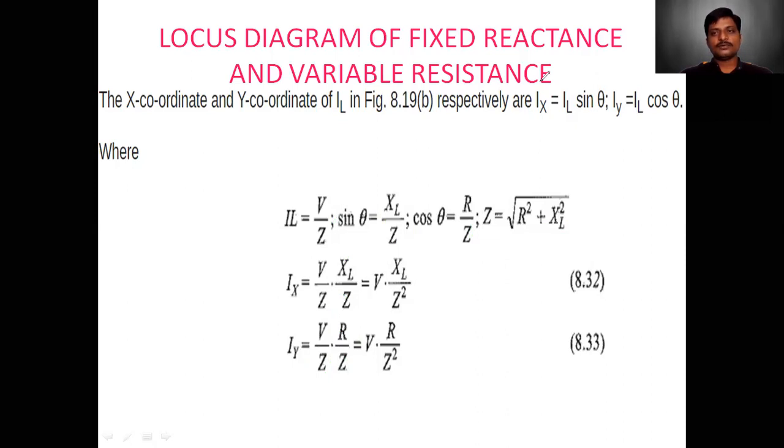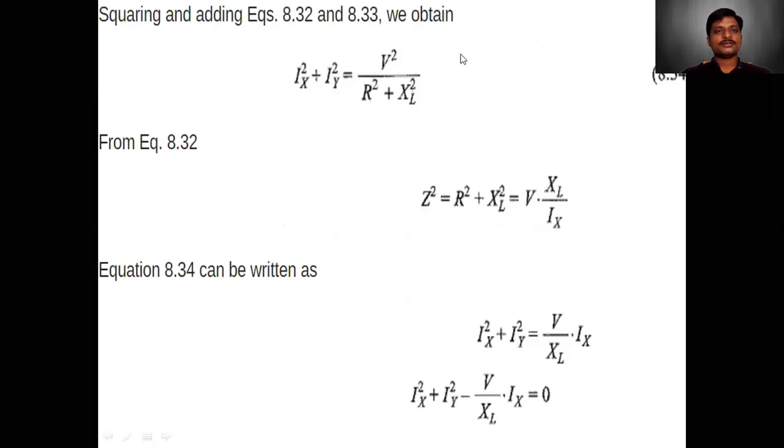Then we will simplify these equations further by squaring the above two equations, writing Ix square and Iy square, and adding them.